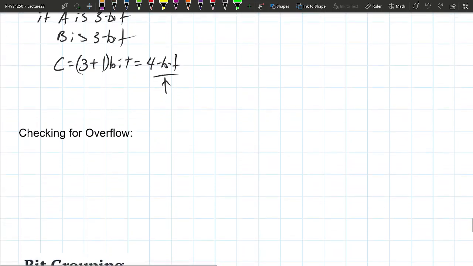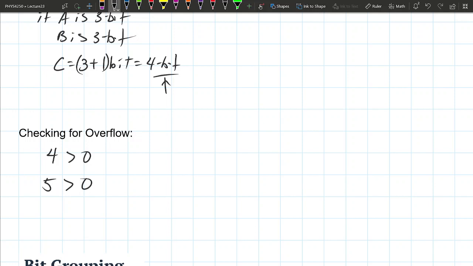And you can check this, because we know that 4 and 5 are both positive numbers. 4 is greater than 0, 5 is greater than 0, so whatever the result is has to be positive.